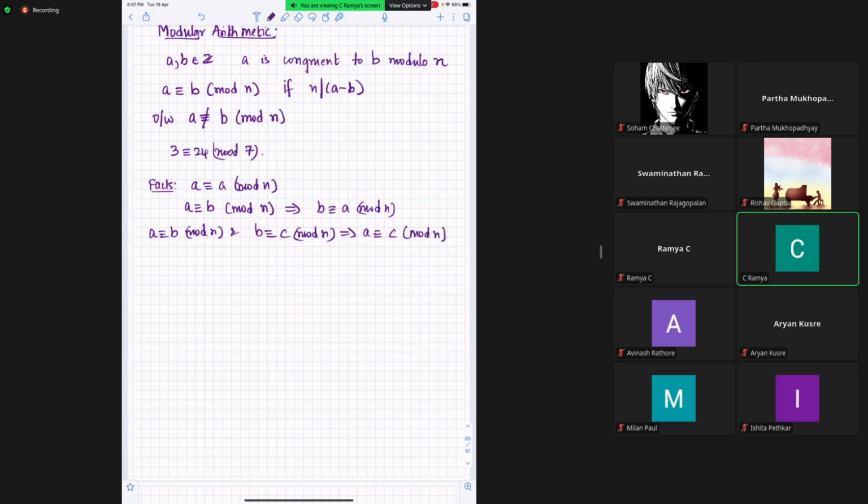These are things you can check for yourself. If you have seen this before, these properties are called reflexive, symmetric, transitive, and congruence forms an equivalence relation. If you haven't seen it, it's perfectly fine. You don't have to know these terms.